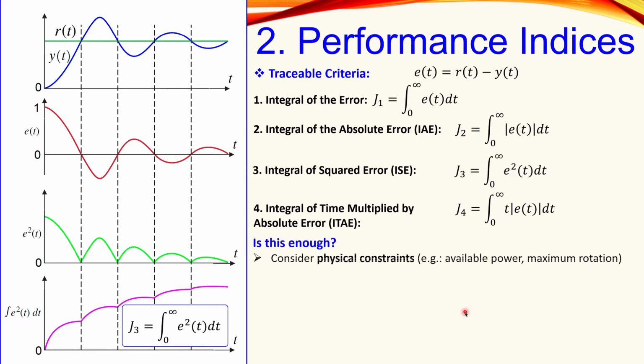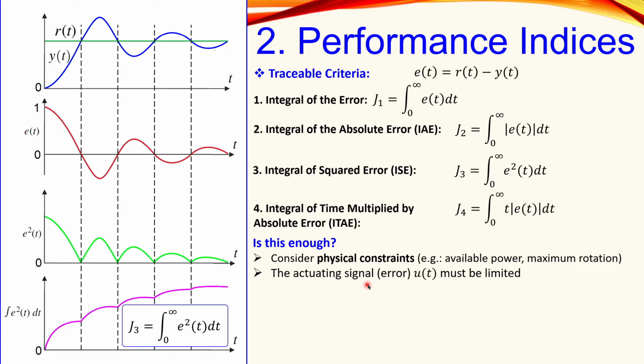So is this enough? Now, if we consider physical systems, we also have physical constraints like available power, maximal rotation speed, and other parameters like how much you can compress or extend your spring. Really physical limitations we have.